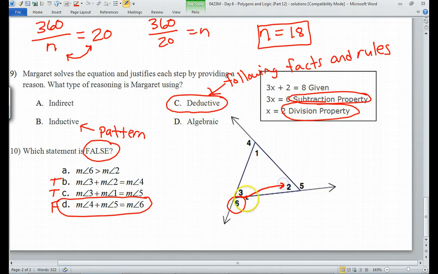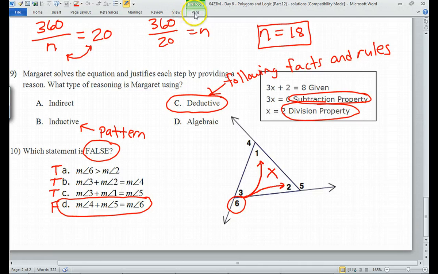Well, of course it is, considering that angle 6 is the size of angle 1 plus angle 2 combined. The only way that it can equal the sum of both of these angles is if it's definitely going to be bigger than either one of these by itself. So it is definitely true that angle 6 is bigger than angle 2.